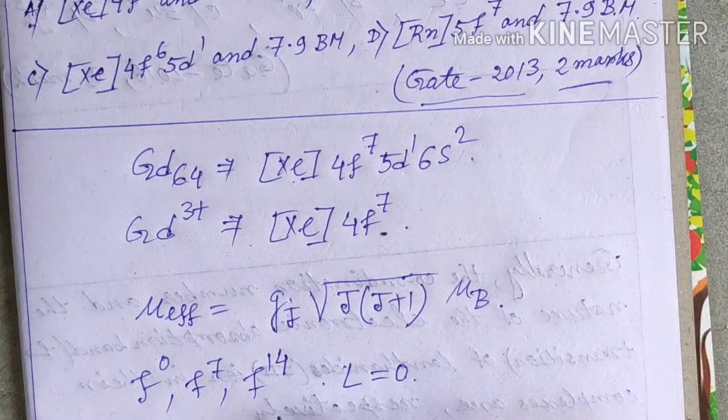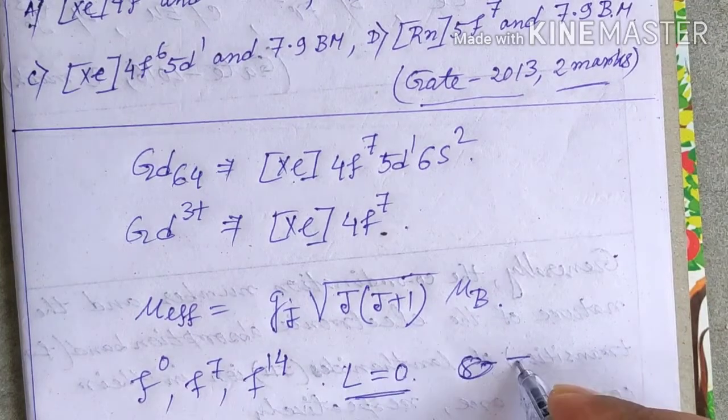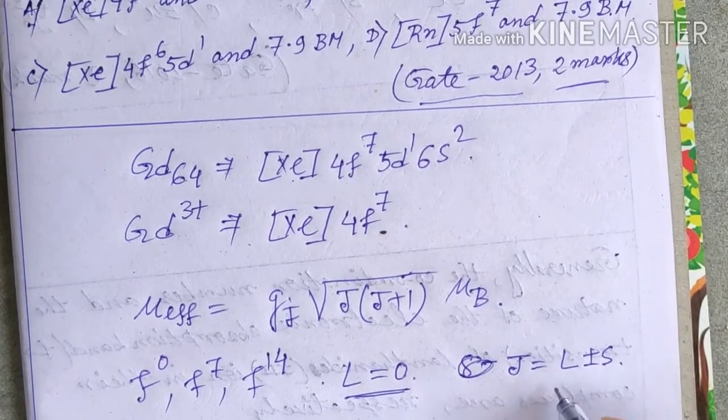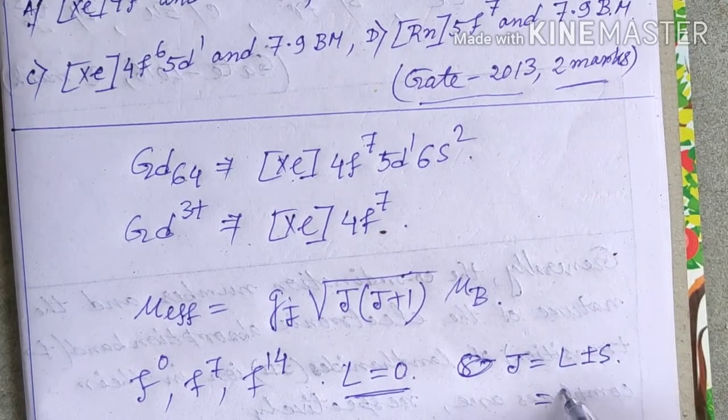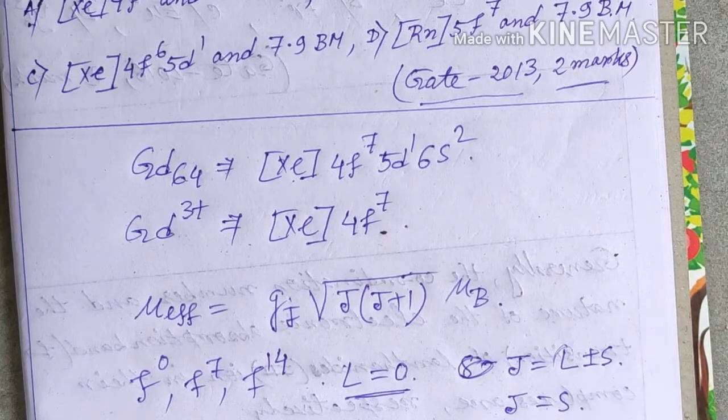Since it is half filled or full filled or has no electron, L will be 0. And for that reason J, that is equal to L plus minus S, will be equal to S. Since L here will be 0, J equals S.